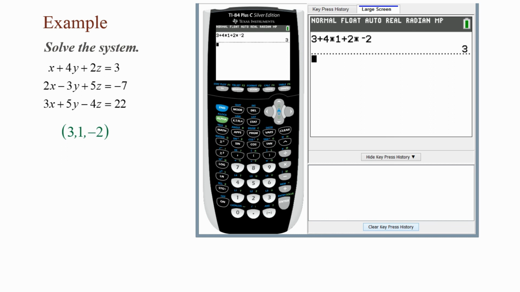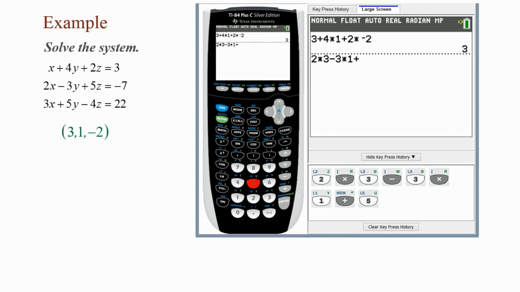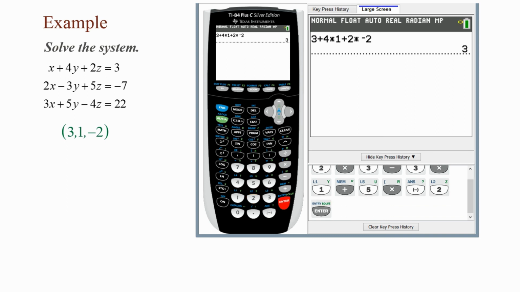Our second equation, 2x minus 3y plus 5z equals negative 7. 2 times x, which is 3, minus 3 times y, which is 1, plus 5 times z, which is negative 2, should equal negative 7.